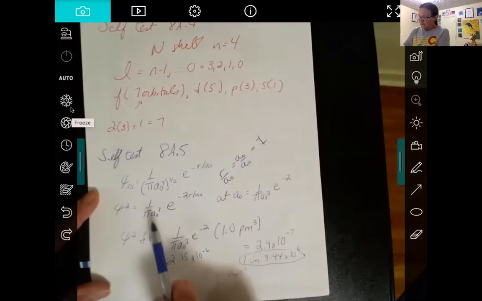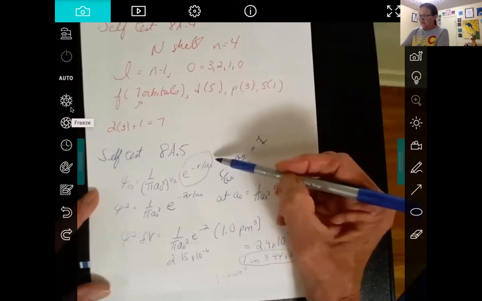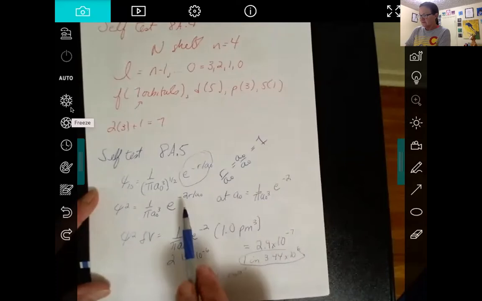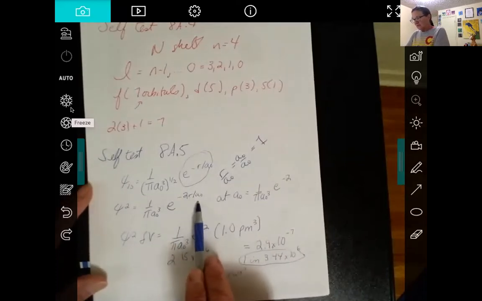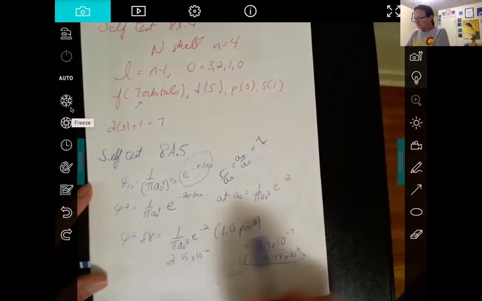And so we end up with e to the minus 2. When you square something with an exponent, you multiply the exponents, so e to the minus r over a0 squared becomes e to the minus 2r over a0. And r over a0 at a0 equals 1.